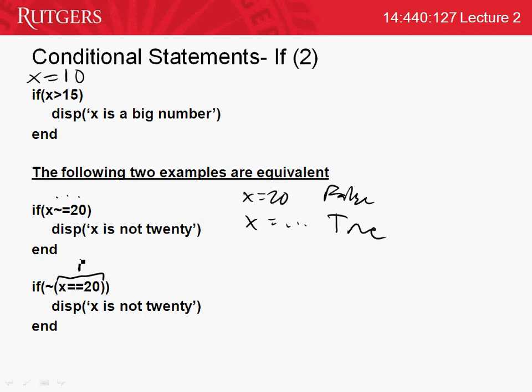If x is 20, then it's true. However, the not at the front reverses true and false. So if x is 20, the whole thing becomes false. If x is anything but 20, on the inside, it'll say, oh, this is false, 0, x is not 20. But then the not reverses it, and so anything other than 20 would be true. So there's more than one way to do just about anything in computer programming.